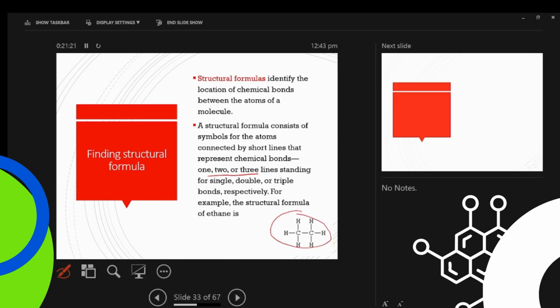Now the general formula of alkanes, you might have learned this in the previous video, is CnH2n+2. So if n is 2, it would become C2H6. So how to represent it now? Just have an idea that each carbon has 3 bonds with hydrogen and 1 with carbon. So the simple structural formula would be like this.